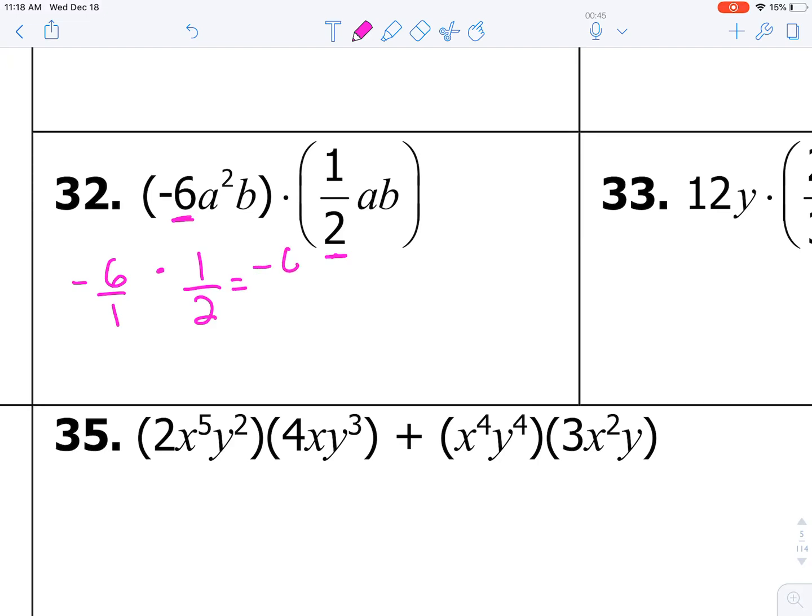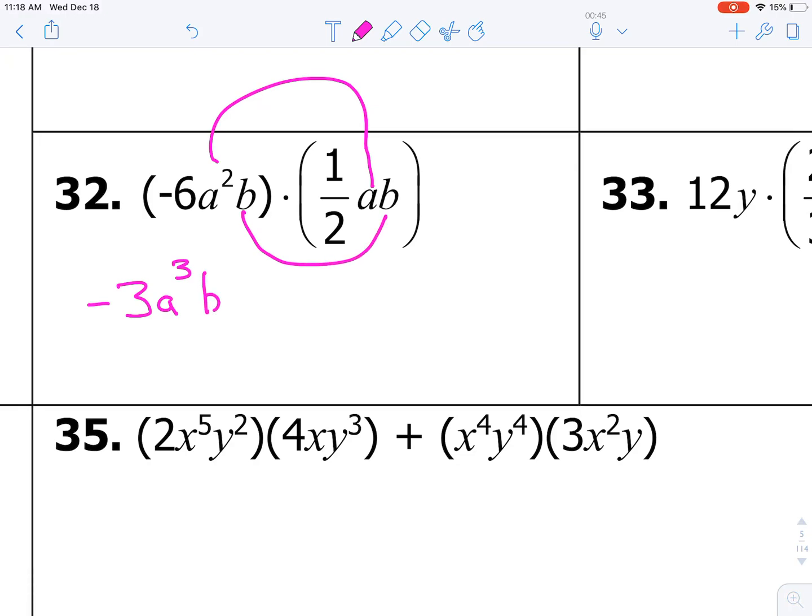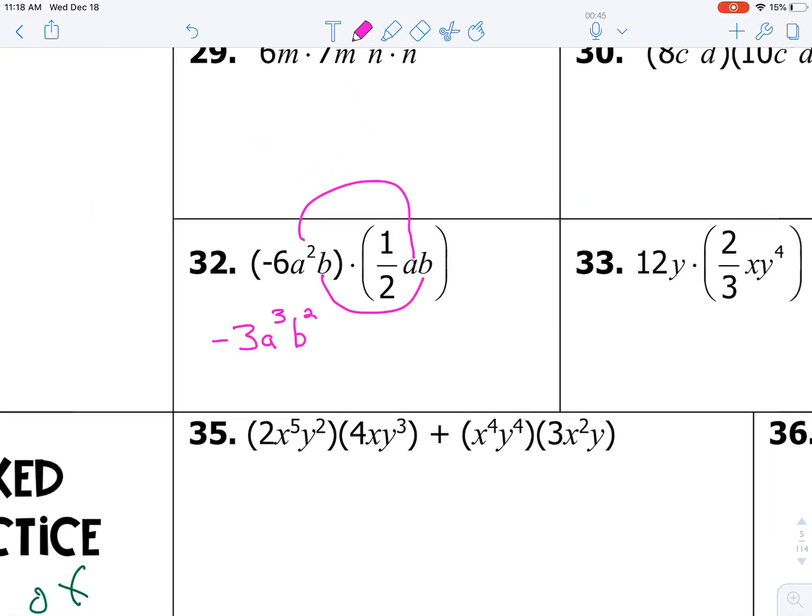And that gives me negative 6 over 2, which is negative 3. But I would rather just think about it like that's half of negative 6, so negative 3. And then a squared times a gives me a to the third. B times b is b squared.